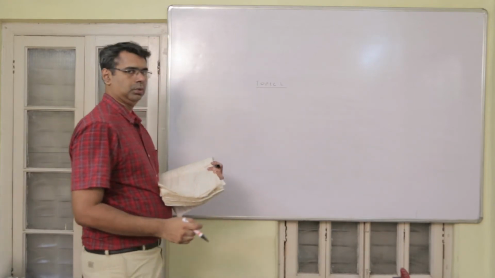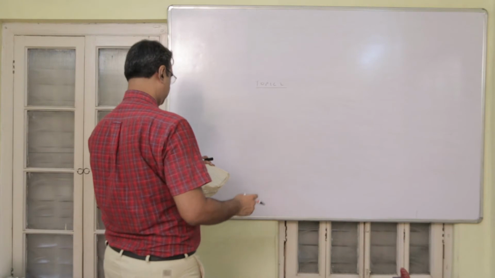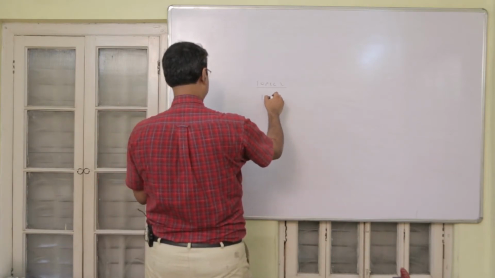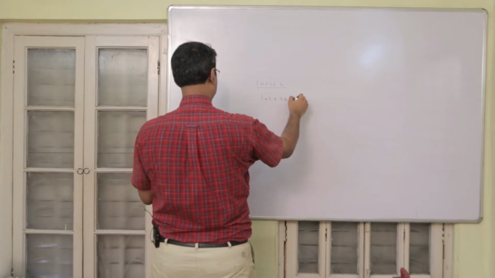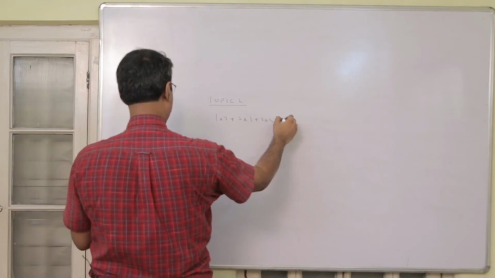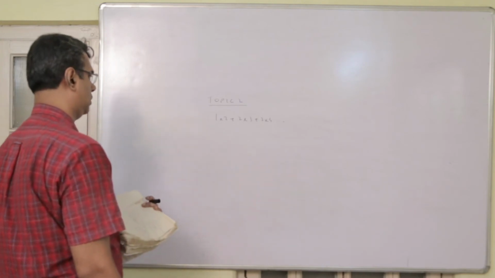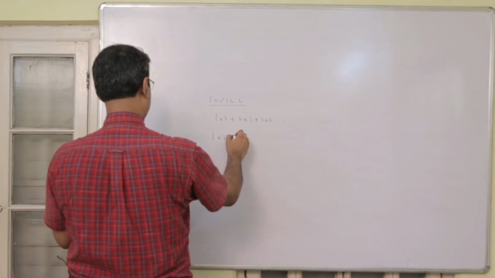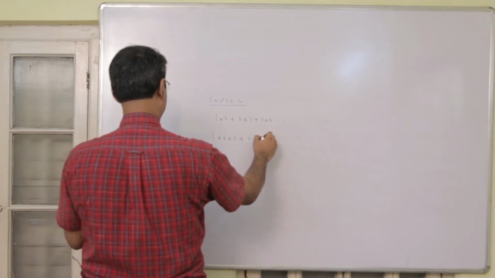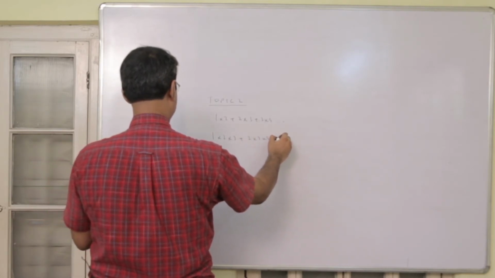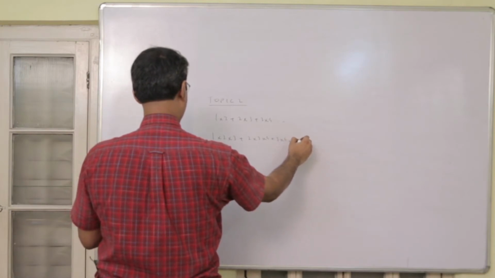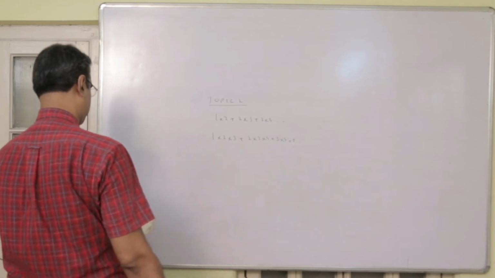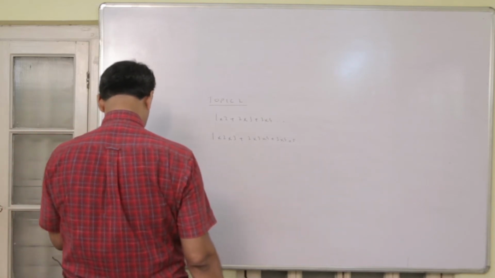Topic number 2 is basically finding the sum of a series such as 1 into 2 plus 2 into 3 plus 3 into 4, or 1 into 2 into 3 plus 2 into 3 into 4 plus 3 into 4 into 5. So finding the sum of these type of series, that is what topic 2 is all about.